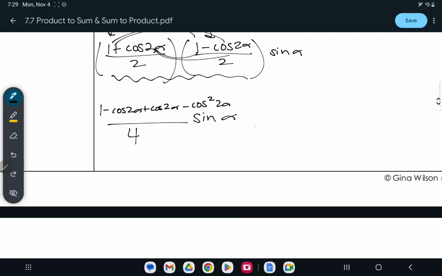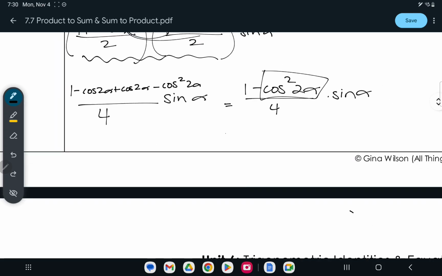So if I were to simplify that, I get 1 minus cosine squared 2 alpha over 4 times sine alpha. Well, hey, I need to fix that cosine squared 2 alpha. So really, that is 1 minus 1 plus cosine of 4 alpha over 2, all divided by 4, still times sine alpha.